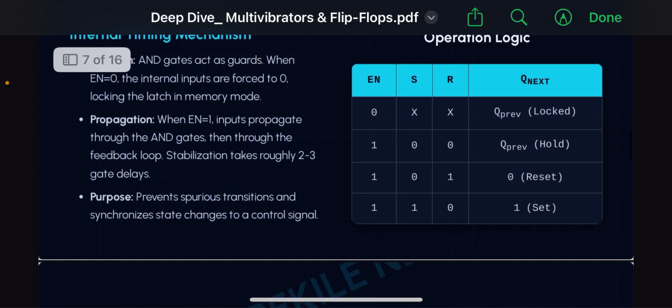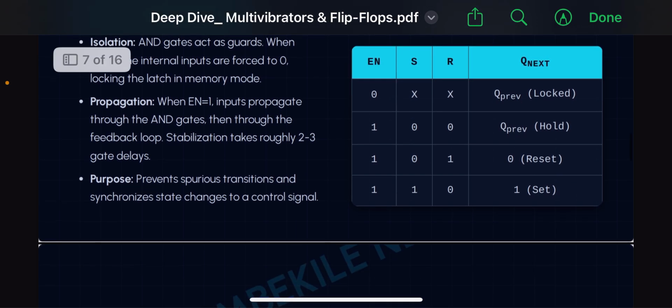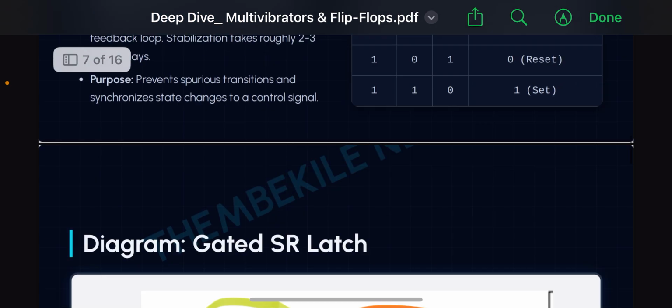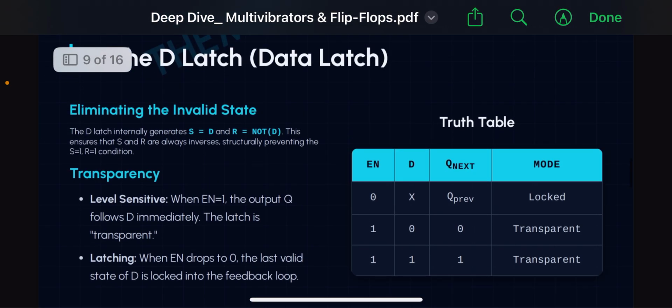So we also need to know how this truth table operates. You need to know when the enable is off or when it's on, and what you get as your output with the different states of S and R, also with enable. Now we have what you call the D latch.